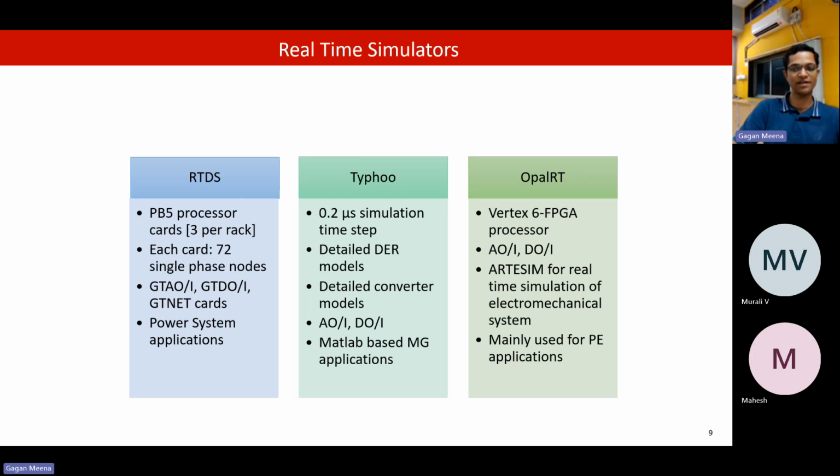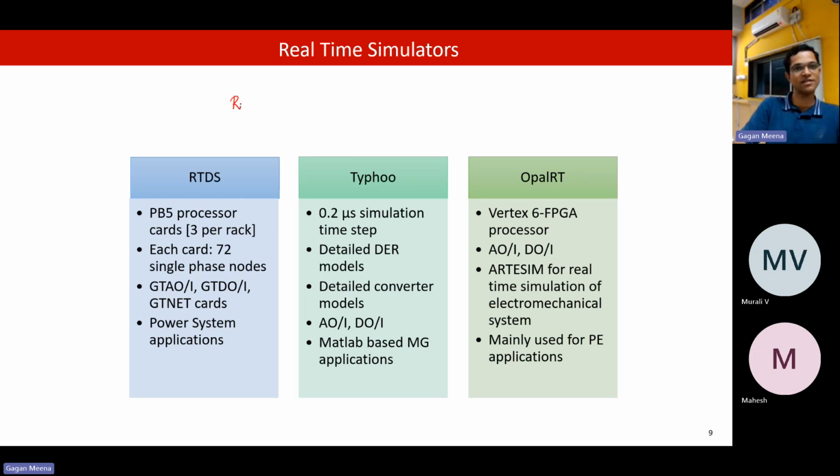If we validate them using hardware, then we can be sure that they will work in practice also, because we are using the same hardware as used in the field, maybe of lesser rating.